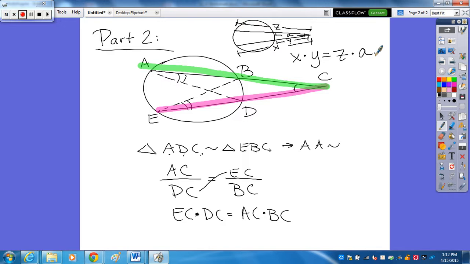Okay? And so again, that's the formula we're going to be using for part 2 of Theorem 11.12.